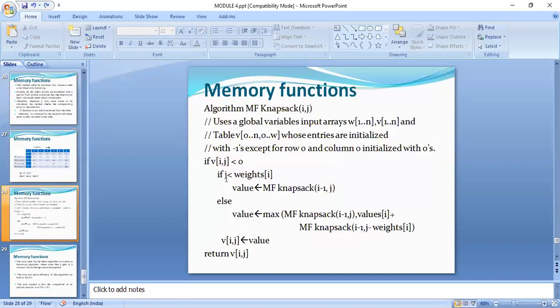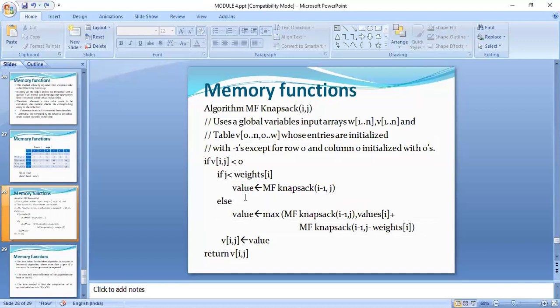So if j is less than w of i, your value will be based on calling the knapsack algorithm with i minus 1 comma j, that is, you are just taking the previous value. Else, if j is greater than or equal to the weight of i, that means there is some remaining capacity, so you can include the ith item. That's the meaning of it.